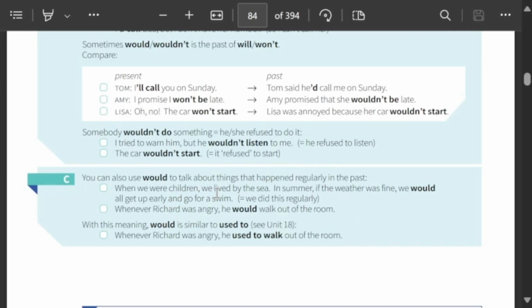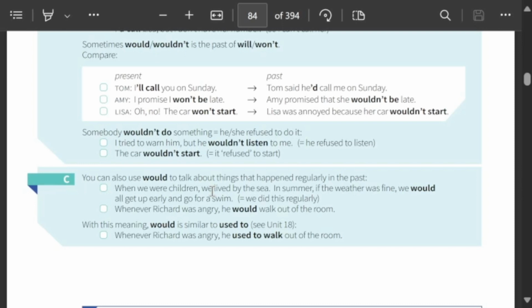Why do we use past tense with whenever? Not only past tense. Normally when they got angry, we can say, whenever Richard was angry, like, every time he was angry, whenever he was angry.